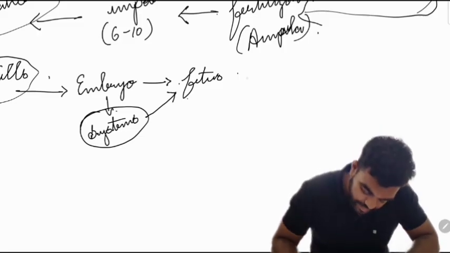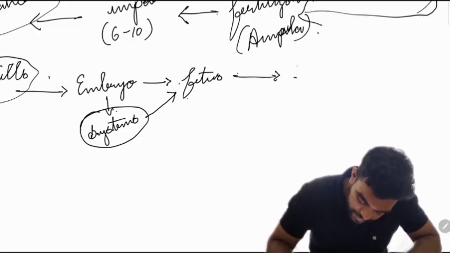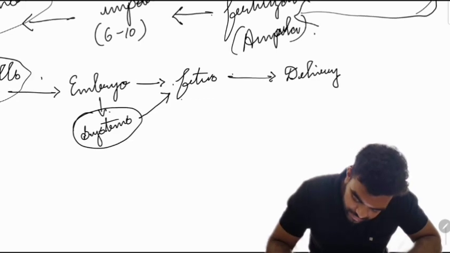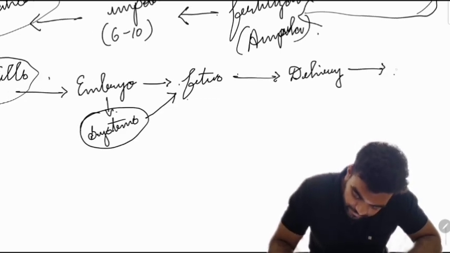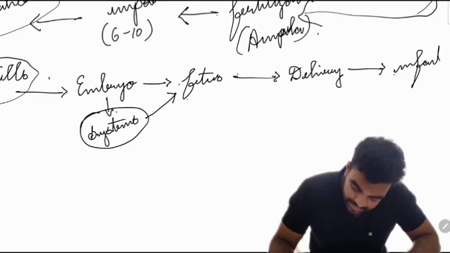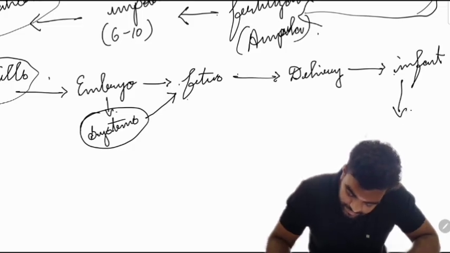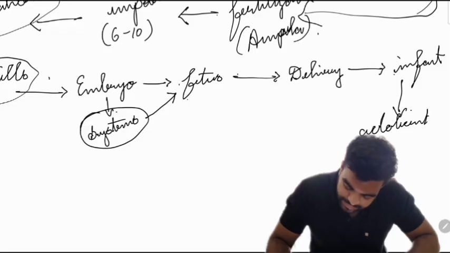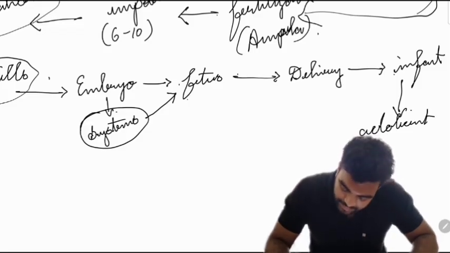From the fetus, after undergoing delivery, this will form an infant. From an infant, it will form an adolescent. In the neonatal period, everything will happen, and then adolescent to grown old adult. Then aging will occur. Then death will take place.